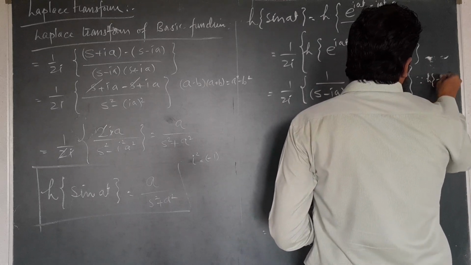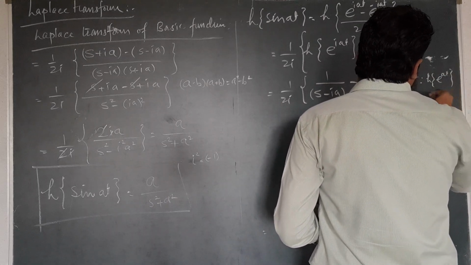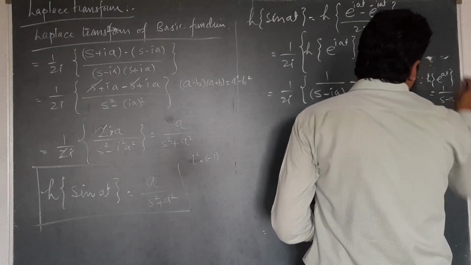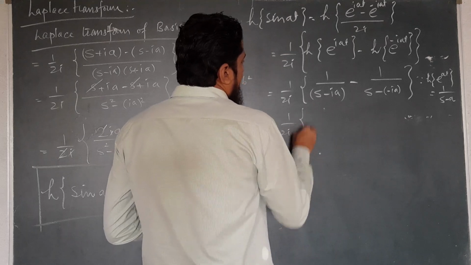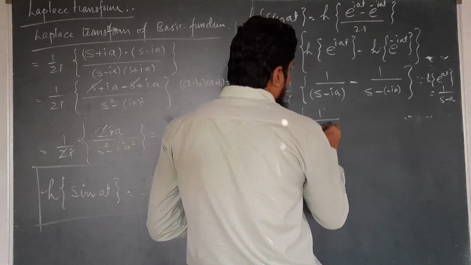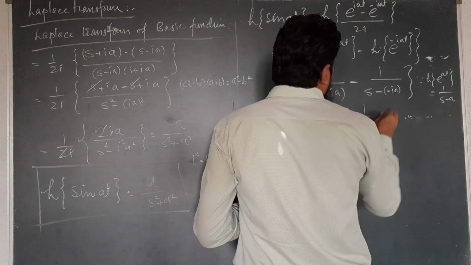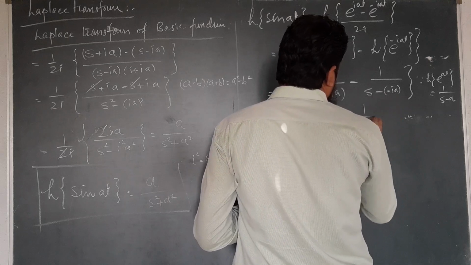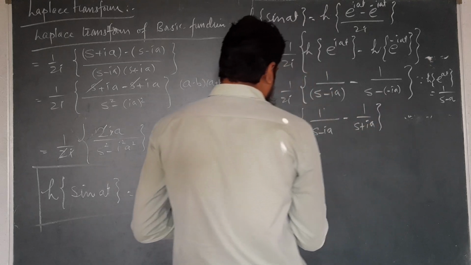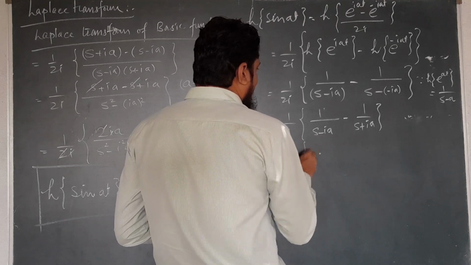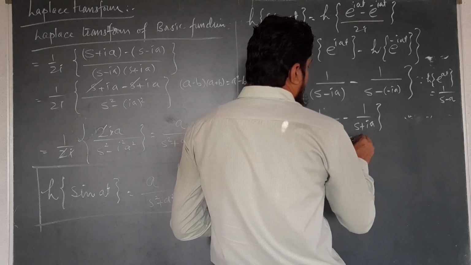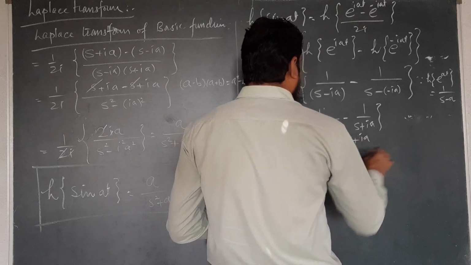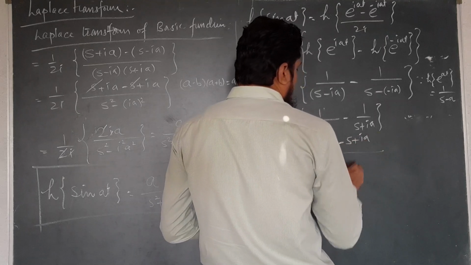Now 1 upon 2i will give us 1 upon s minus ia minus 1 upon s plus ia. So after simplifying, we will get s plus ia minus s plus ia, cross multiplication, over s square plus a square.